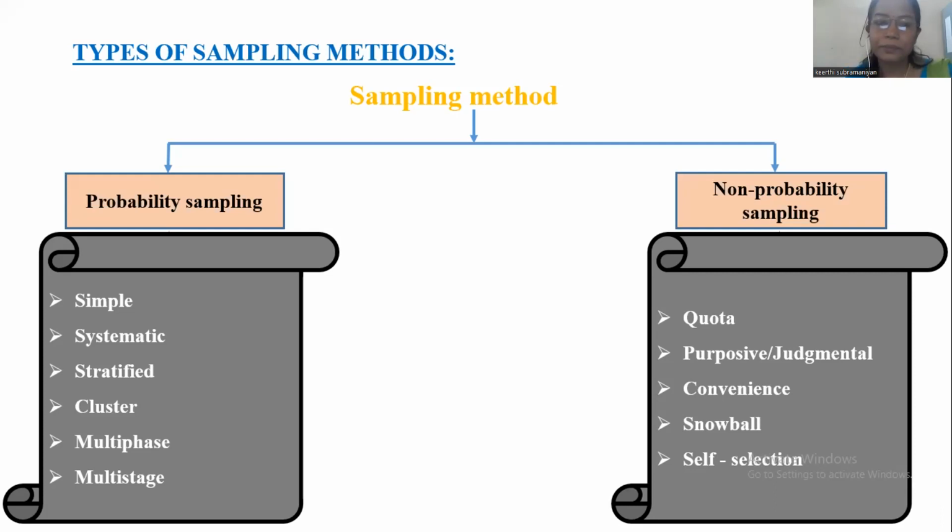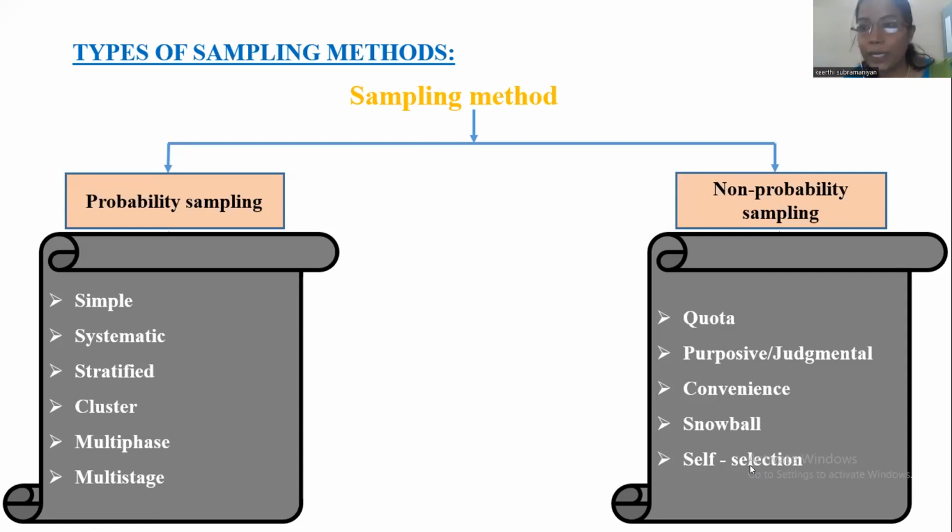Clear? Under random sampling, we have simple random, systematic random, stratified, cluster, multi-phase, and multi-stage. Under non-random or non-probability sampling, we have quota, purposive, convenience, snowball, and self-selection.